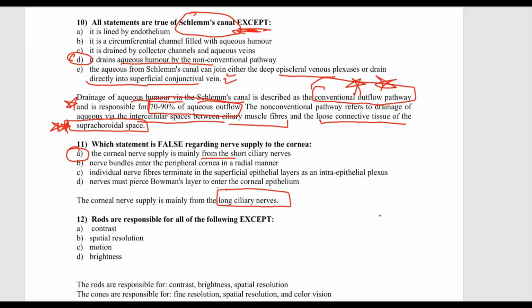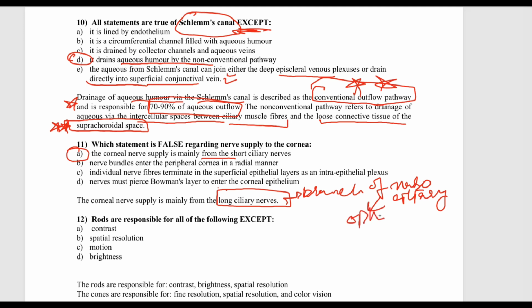which is the branch of the nasociliary, a division of the ophthalmic branch of the trigeminal nerve.